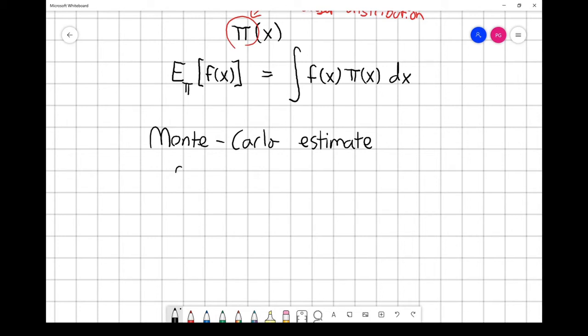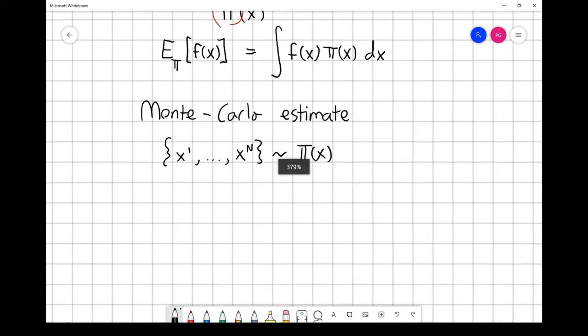So we're going to generate n samples and we're going to give each one a superscript. So we have x^1 is our first sample up to x^n, so the superscript is used as an index for each sample. And we've managed to generate those from pi of x.